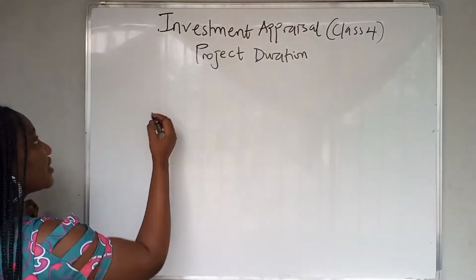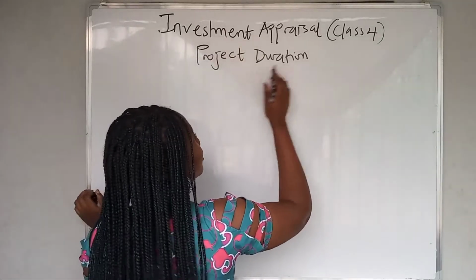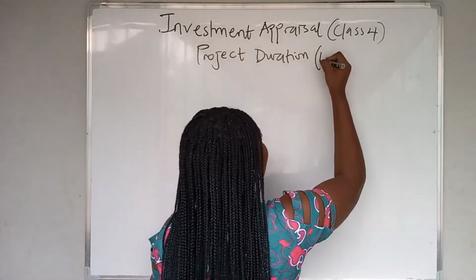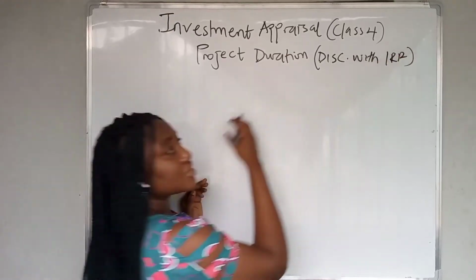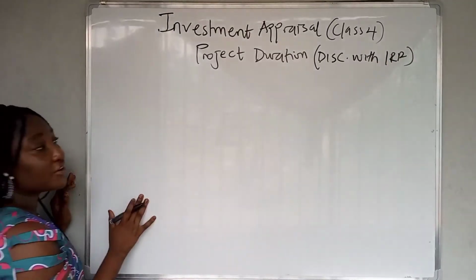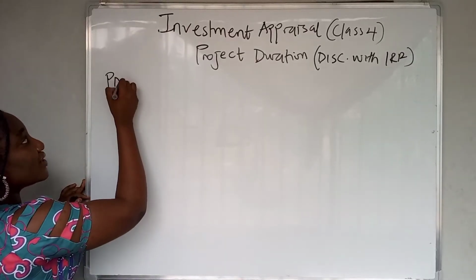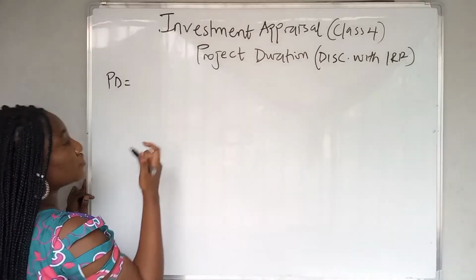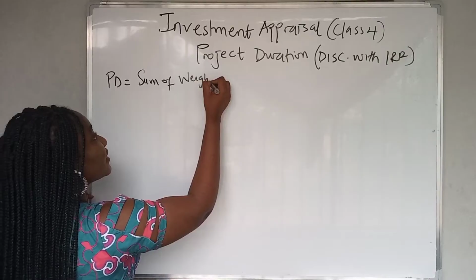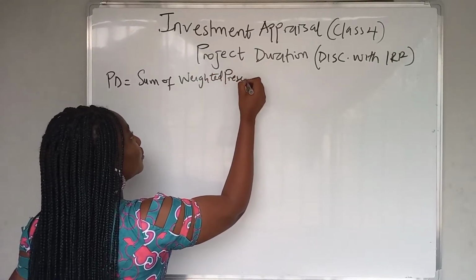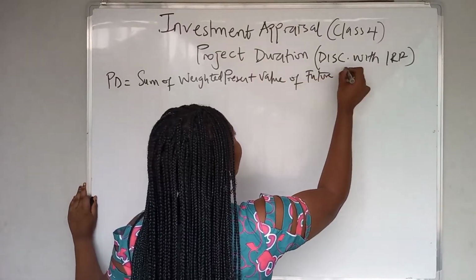Okay, so let's use the first approach, discounting with IRR. When you are discounting with IRR, you are trying to recover the original investment. So the formula, always write your formula so that you know what you're looking for. So we have the sum of weighted present value of future cash flows.